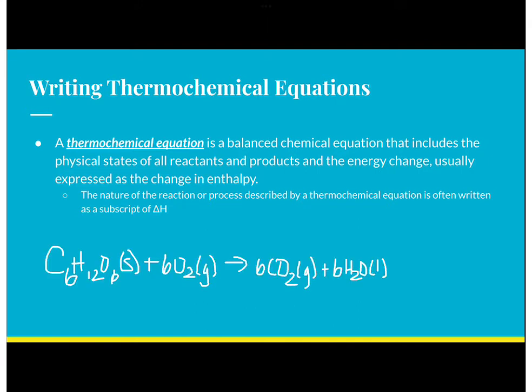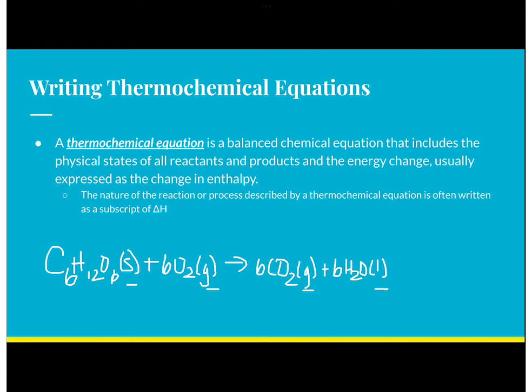So, for instance, I have written down an equation down here, and as you can see, it's a carbon compound reacting with oxygen to produce carbon dioxide and water, which means that it is a combustion reaction. You can see that it includes the physical states, so that's a part of writing thermochemical equations.